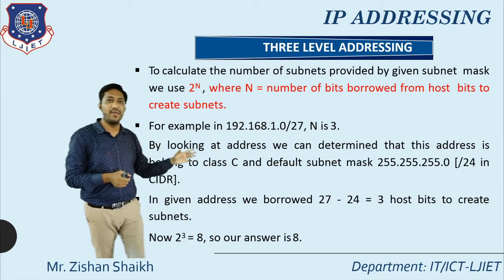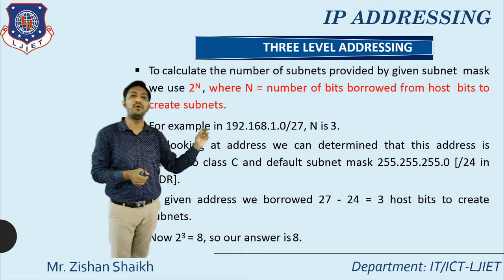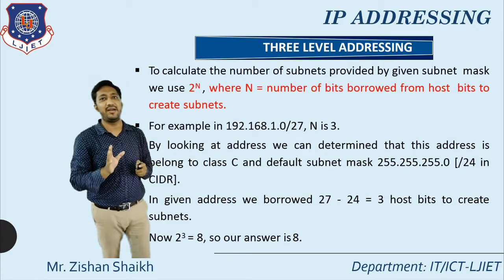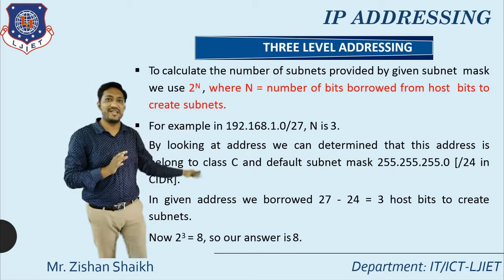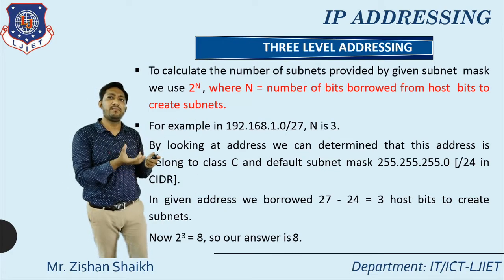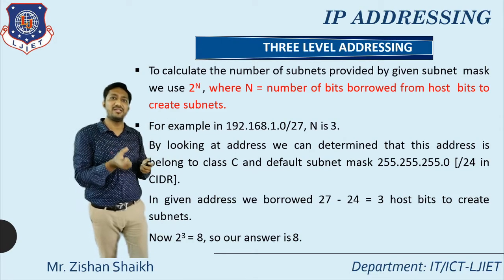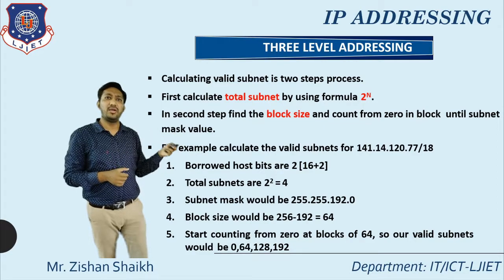And for that our default mask will be 255.255.255.0. That is the default mask address of class C. So this is the example of how exactly we take some bits from our host ID and assign them to the network. Now, how can we calculate that?